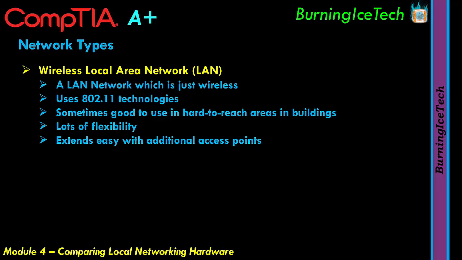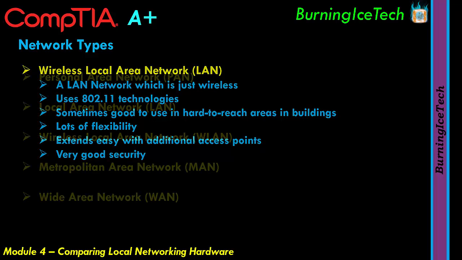Just add more access points. You can very easily extend the range at any point in time by simply adding more access points. And it actually does come with very good security, I might add. So if need be, you can go and enforce proper good security. Not a problem.